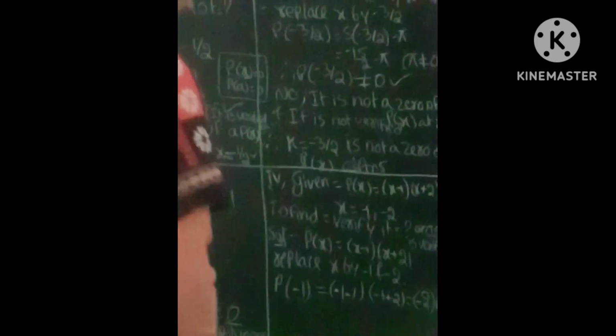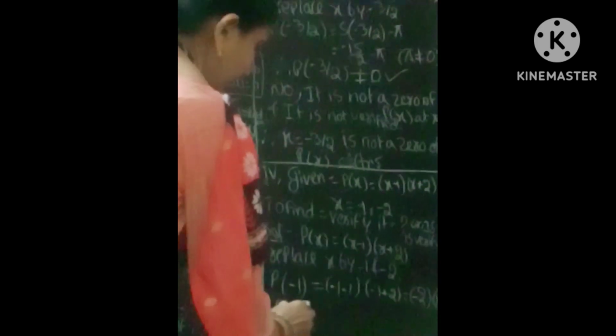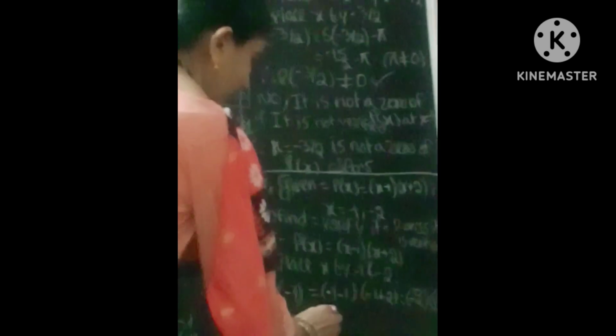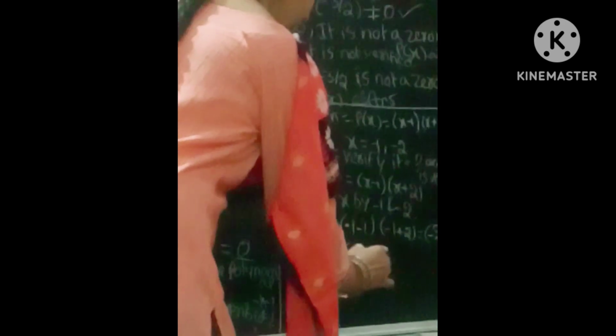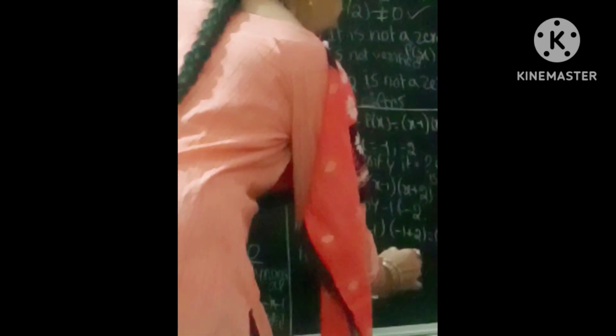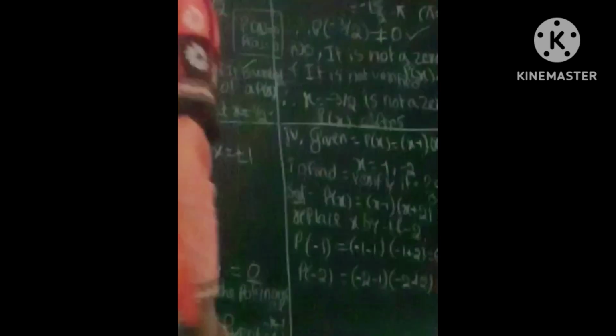Next, P of minus 2. Substitute x equals minus 2: minus 2 minus 1 into minus 2 plus 2.